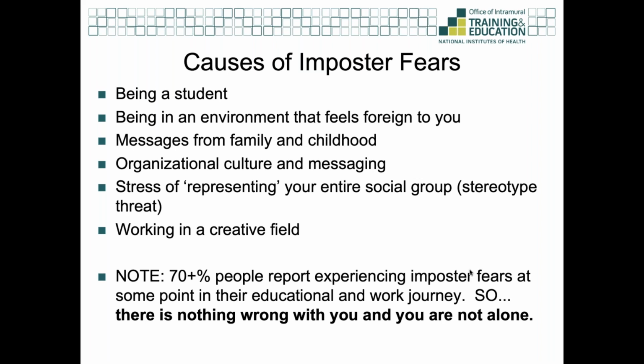Or the flip side, in your family, somebody else got all the attention for being the smart one and you were the funny one or the athletic one or the helpful one. And so you got a message of, oh, well, that's not your strength. Those kinds of messages lead to imposter fears.